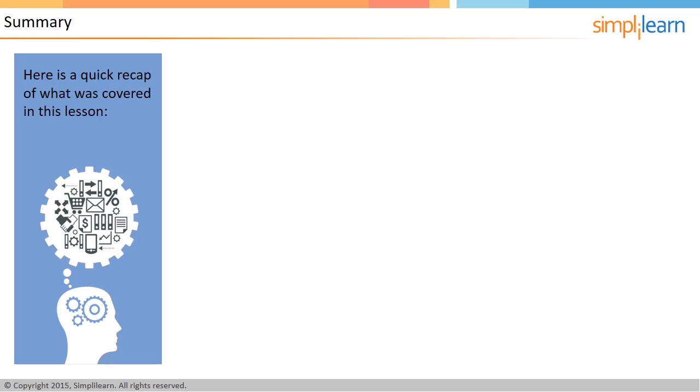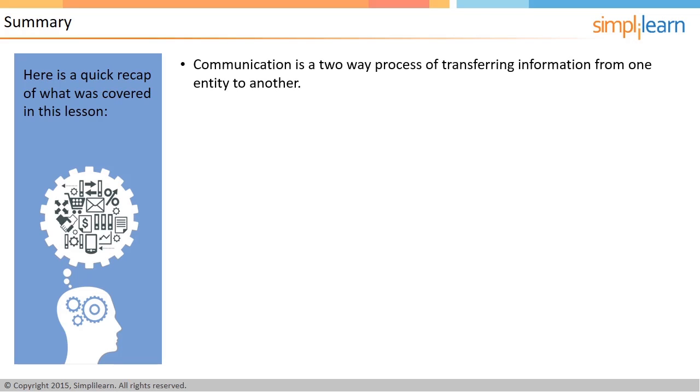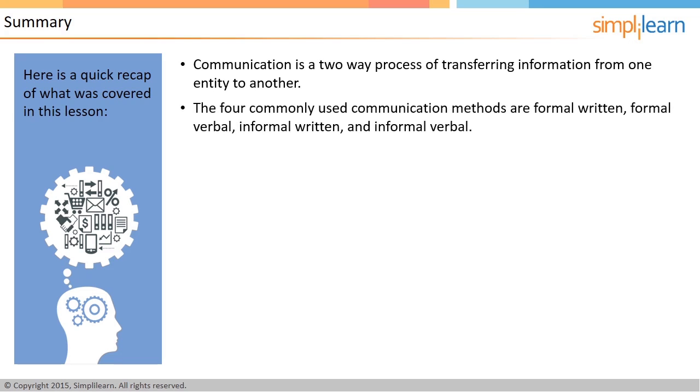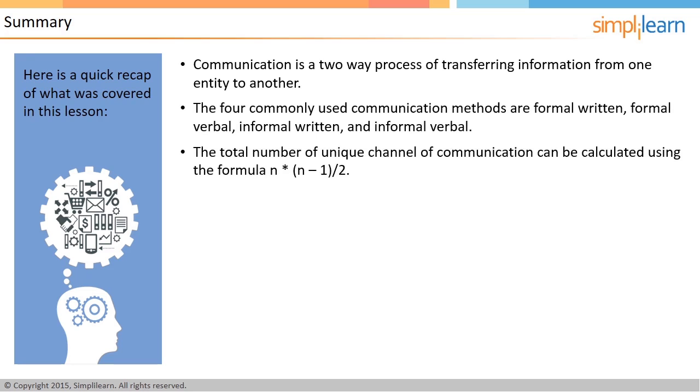Here is a quick recap of what was covered in this lesson. Communication is a two-way process of transferring information from one entity to another. The four commonly used communication methods are formal written, formal verbal, informal written, and informal verbal. The total number of unique channels of communication can be calculated using the formula n multiplied with n-1 and the resulting sum divided by 2.